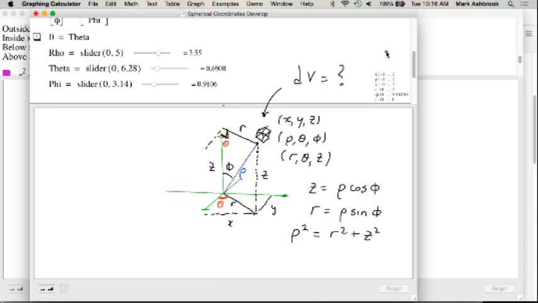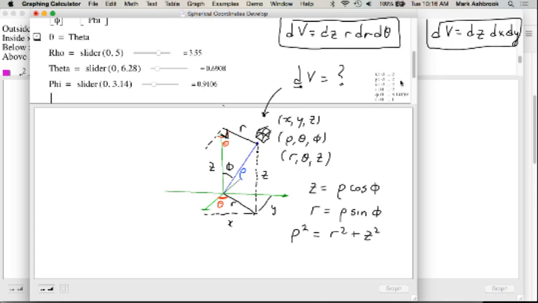Well, we're going to have to really work hard to use these relationships. So for instance, in cylindrical coordinates, dv is dz r dr d theta, right? In rectangular coordinates, dv is dz dx dy, or in any order, right?